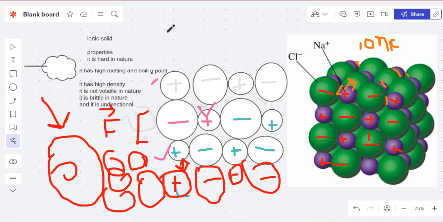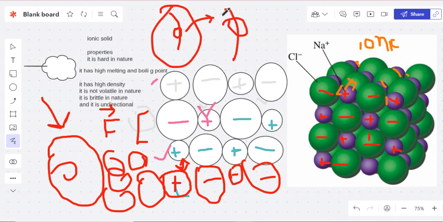Why is the negative one larger in size while the positive one is smaller? When sodium donates its electron and chlorine gains it, sodium gets smaller while chlorine gets larger, because one loses an electron and the other gains one. That's why the anion is large in size and the cation is smaller in size. So this is the ionic solid. Now let's deal with the other solids as well.